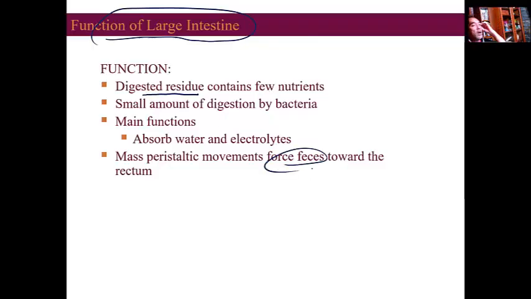But remember, the food located in the large intestinal tract still has some water and some electrolytes, so there could be some absorption happening there. Some absorption of water and electrolytes, such as when you become dehydrated, it's going to take some of the water out from the large intestinal tract, from the feces.